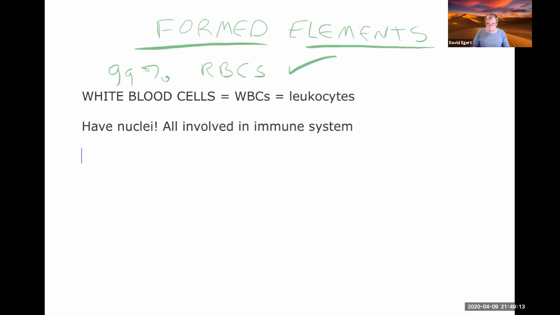Another big difference is they are not confined to the closed circulatory system. We've already talked about cells that you find in connective tissue in the very beginning of the class. We found lymphocytes and macrophages and stuff like that. Those are white blood cells. They can move around through your bloodstream, but then they can ooze out of the blood vessel and get into the tissue spaces.